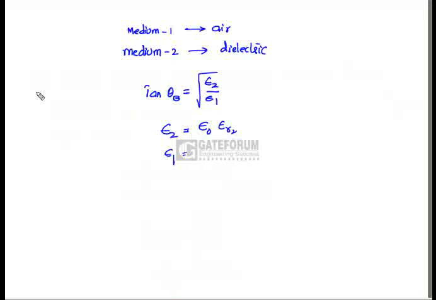Epsilon 1 equals epsilon naught epsilon r1, whereas epsilon r1 equals 1. So tan of the Brewster angle equals under root epsilon r2 by epsilon r1.